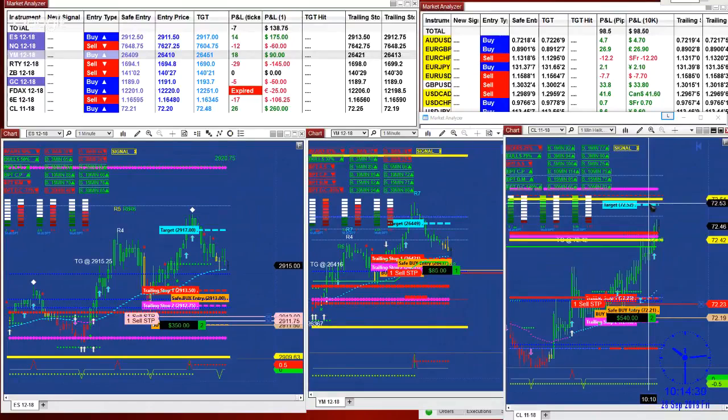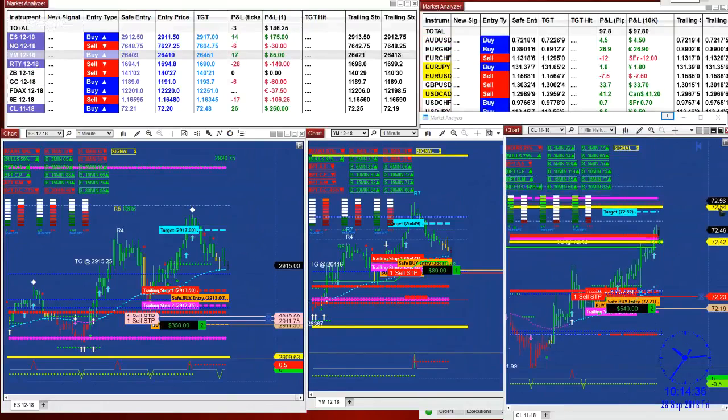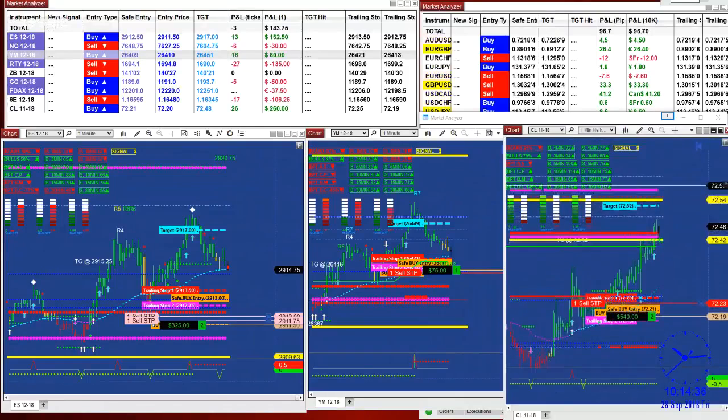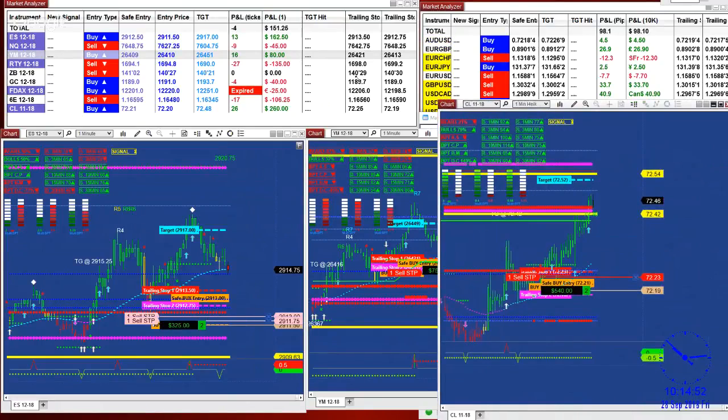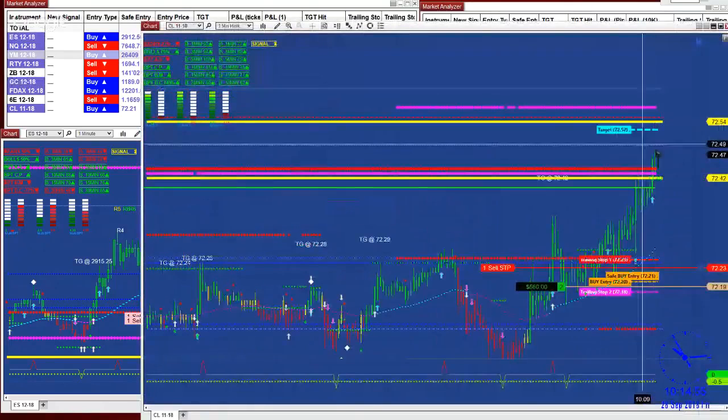The target is 72.52, followed by a resistance, another resistance, another resistance, and now we are diving in those two yellow lines. For the ones who are following us, those two yellow lines mean there are no more trades to the long side. It's screaming, telling us there is no more trade on the CL.